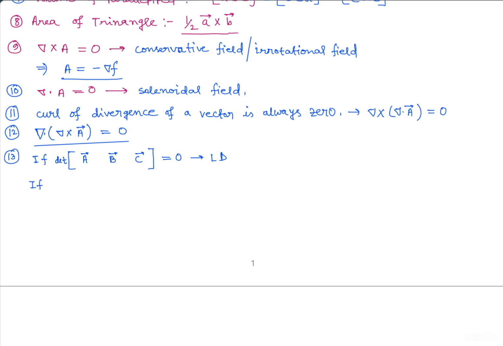If the determinant of A, B, C vectors is not equal to 0, it is called linearly independent.